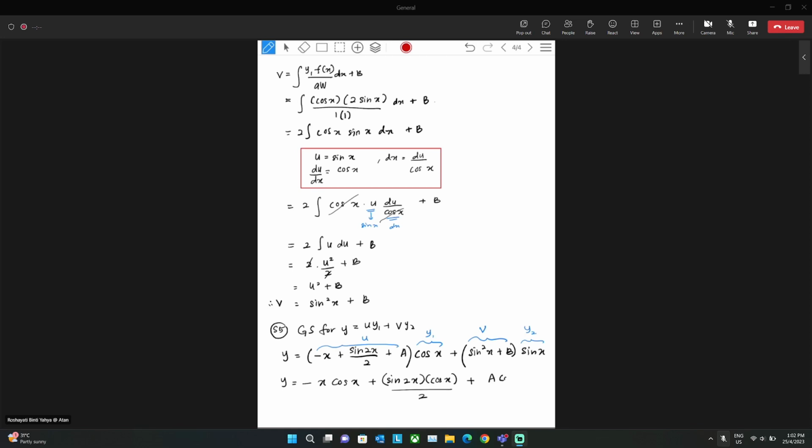And then plus v y2. So what is that? Sin cube x plus b sin x.